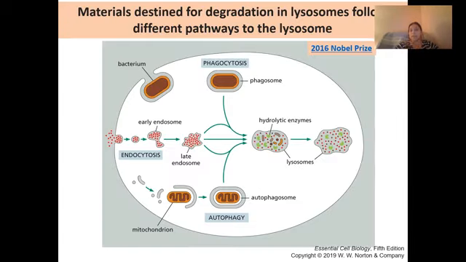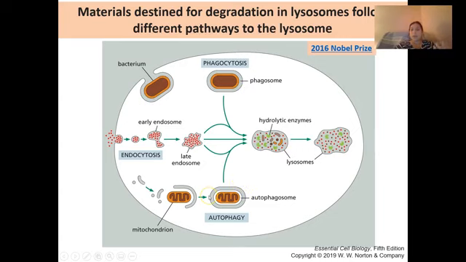Materials that are destined for degradation in the lysosome follow many different ways to it, right? And we've already talked about some of them. One common way is obviously endocytosis. Then you would have that specific type of phagocytosis where an entire bacteria or another thing is going to get engulfed. Another type of cell, maybe a cancer cell even, will get engulfed by the plasma membrane into a phagosome and then taken into the lysosomes.